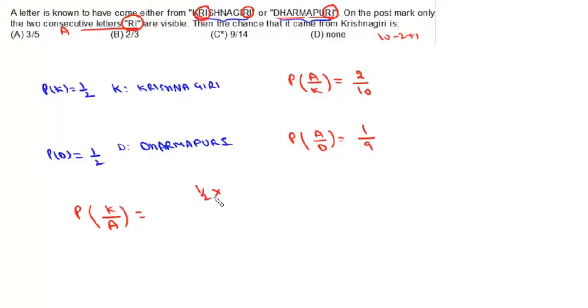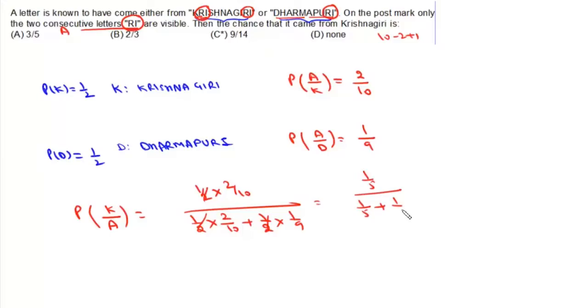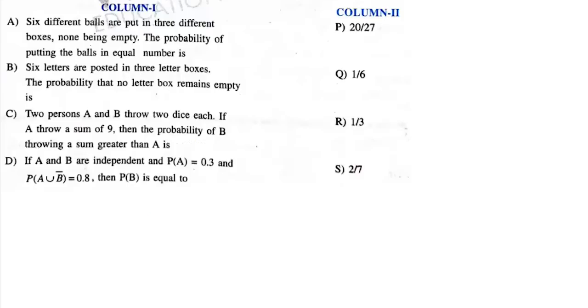So it will be 1 by 2 into 2 by 10 upon 1 by 2 into 2 by 10 plus 1 by 2 into 1 by 9. Now this 1 by 2 will cancel. This is 1 by 5 upon 1 by 5 plus 1 by 9, and that will be 9 by 14, and that's your option C.